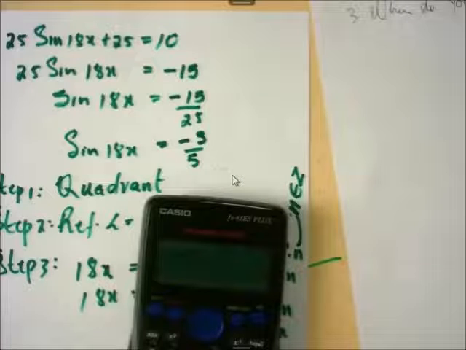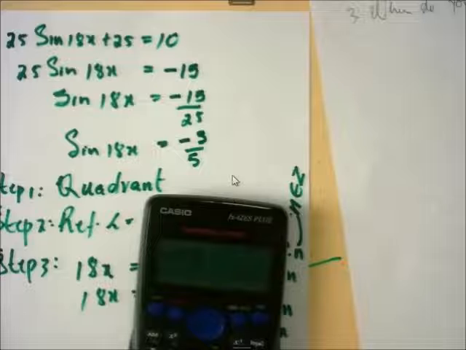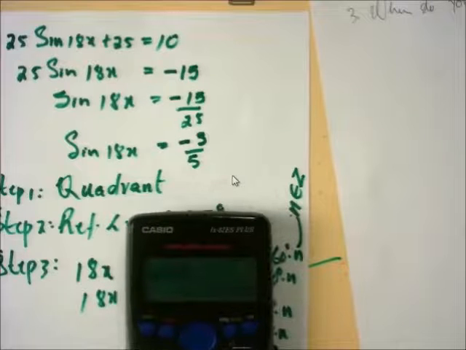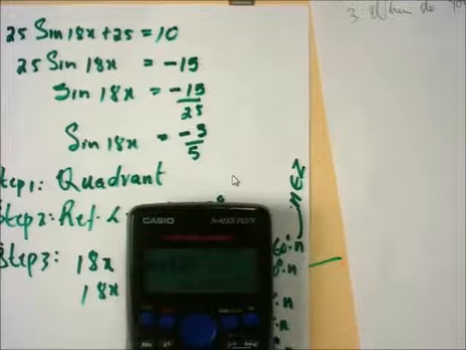But if you don't have the fraction, no problem. You can just say 3 divided by 5 directly. So I'll say 3 divided by 5 and move the cursor to the right, close the bracket, and I'm getting 36.869. I decided to round it off to 2 decimal places as 36.87.